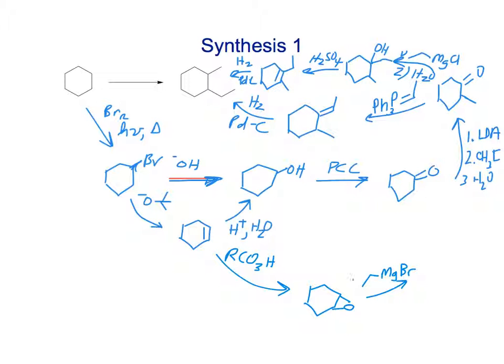Ethyl magnesium bromide followed by water. Remember, this is a basic epoxide ring opening. This group is essentially going to come in on one side and open up the epoxide ring. Since this is symmetrically substituted, it doesn't really matter which end we do that on. Right? So we get an ethyl group and an alcohol in the adjacent position.